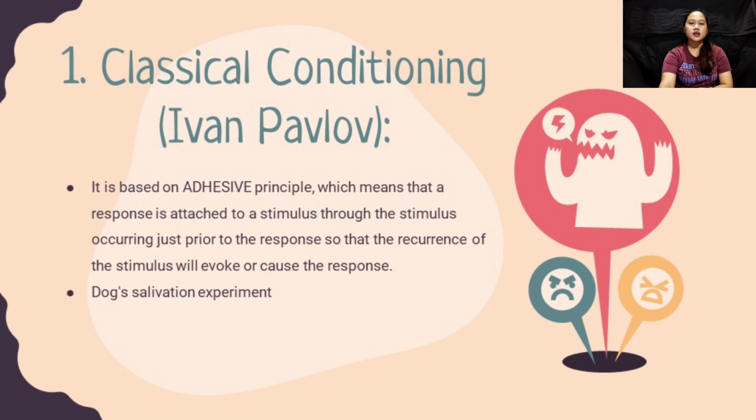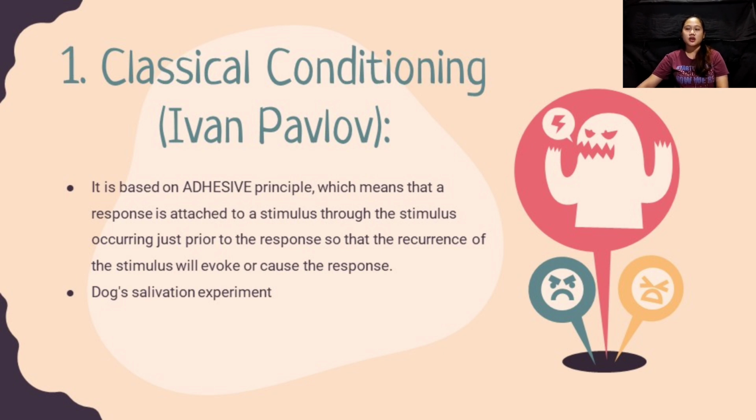The first theory is all about classical conditioning by Ivan Pavlov. So, classical conditioning by Ivan Pavlov is based on adhesive principle, which means that a response is attached to a stimulus through the stimulus occurring just prior to response, so that the recurrence of the stimulus will evoke or cause the response.